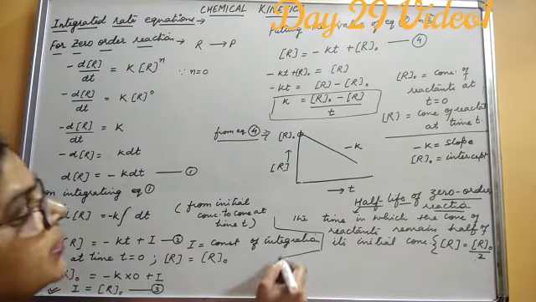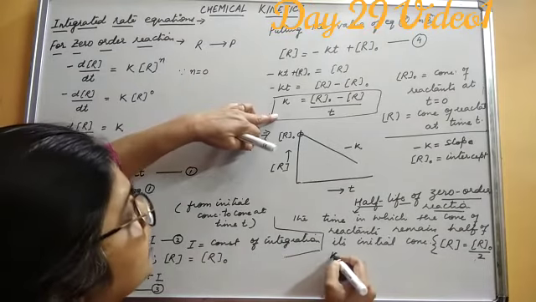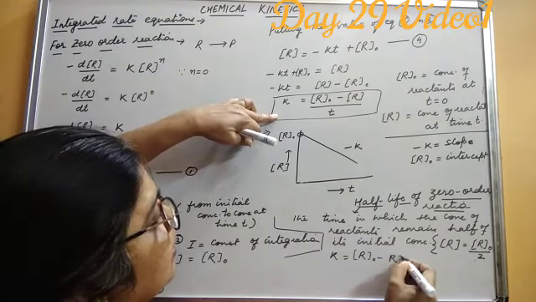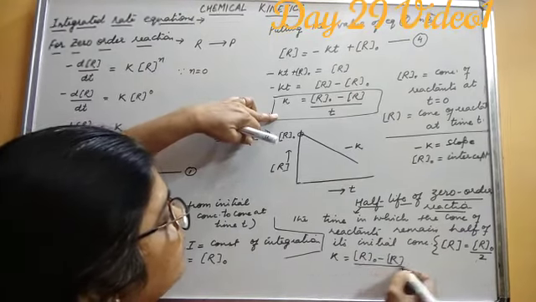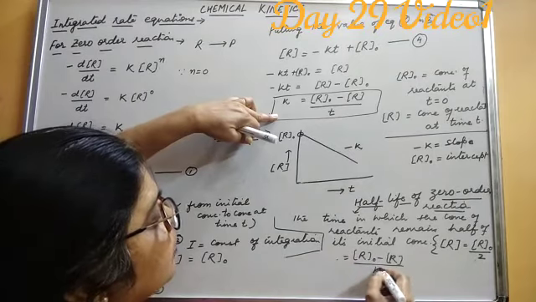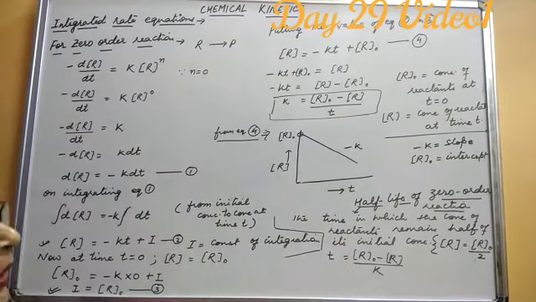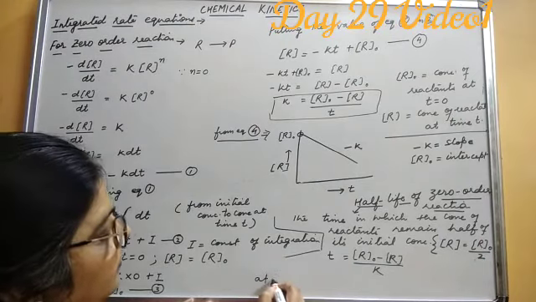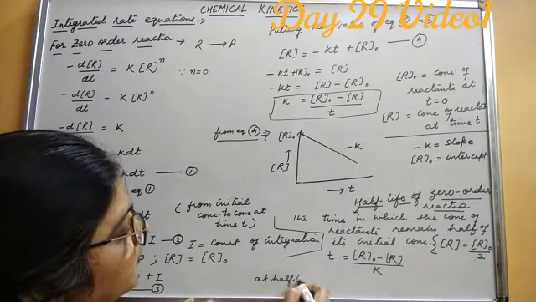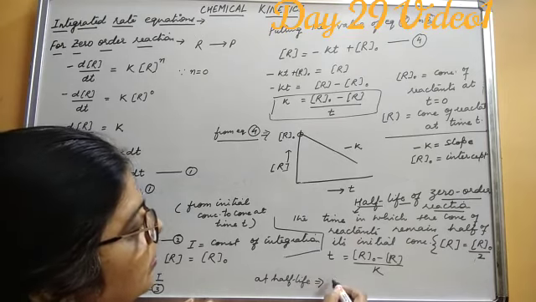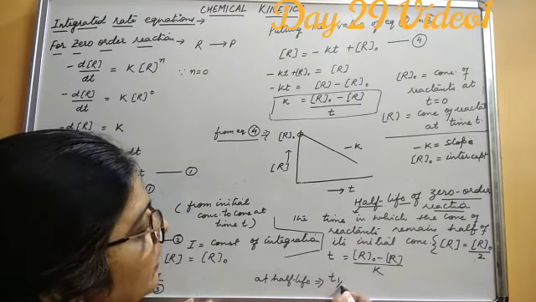It means if we take the equation k equal to (R0 minus R) upon t, to find out half-life, we write k here and time here. At half-life period we will symbolize time by t half.